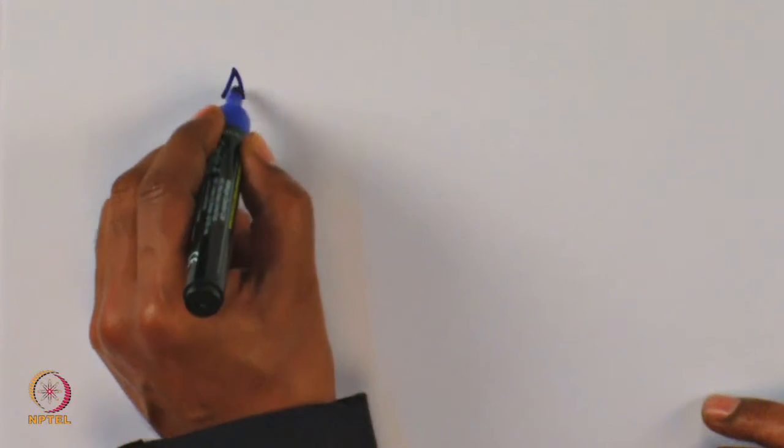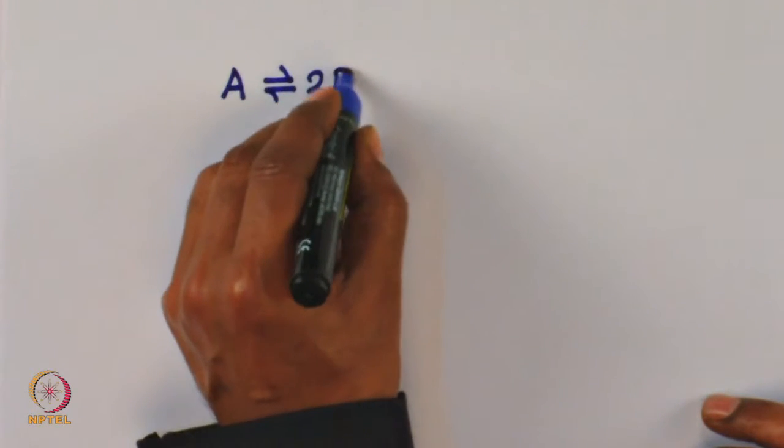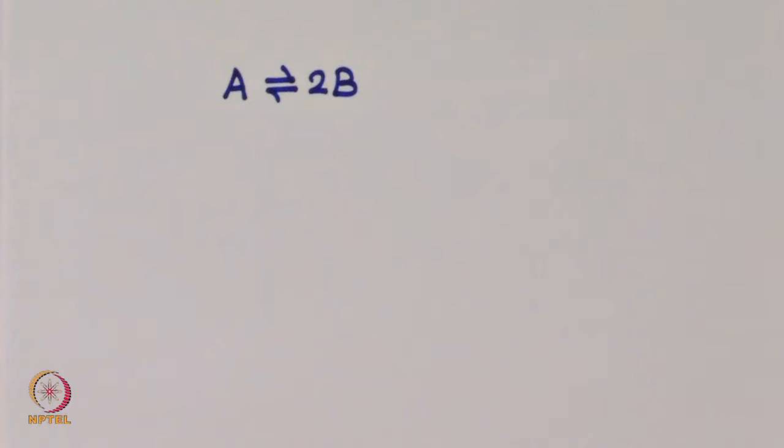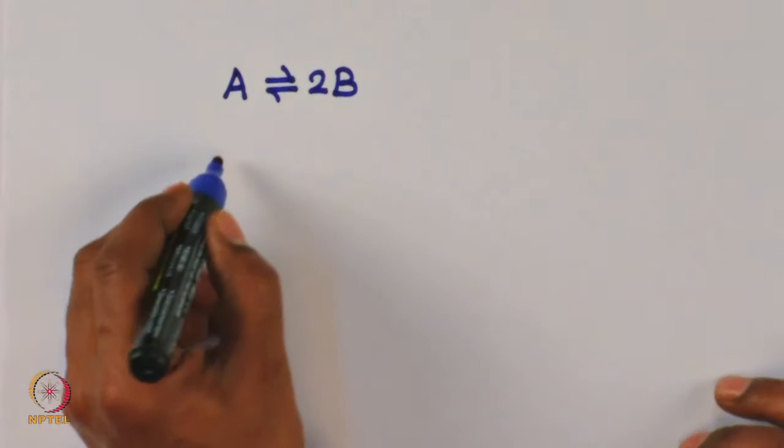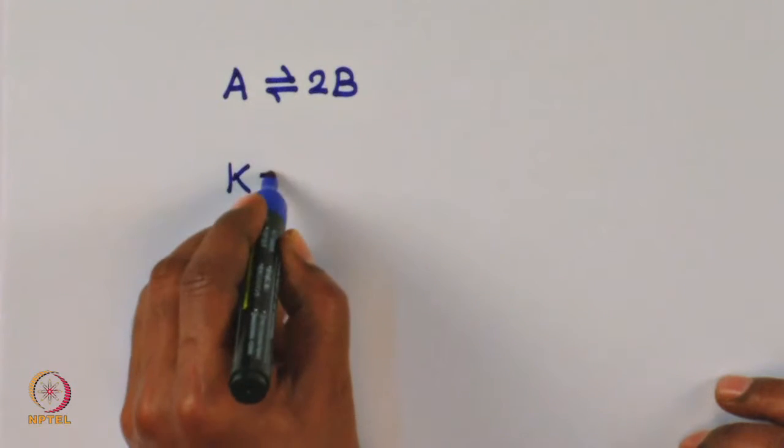We will take an example of A in equilibrium with 2B. These are gas phase, we are talking about gas phase only. It is a dissociation kind of reaction. Then how do I write K?